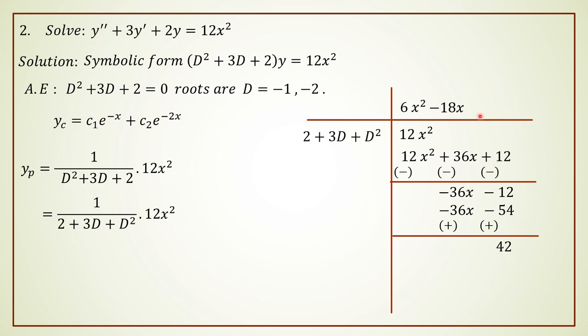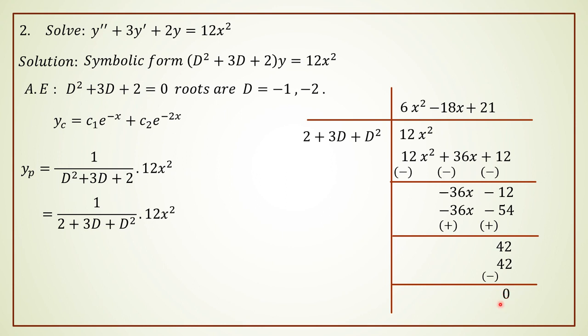So now what should be the term in the quotient so as to get the value 42? The term should be 21, isn't it? 21 into 2 is 42, and 3 into differentiation of 21 is anyway 0, and d square of 21 is also 0. So you have just 42. Observe that the remainder over here is 0.